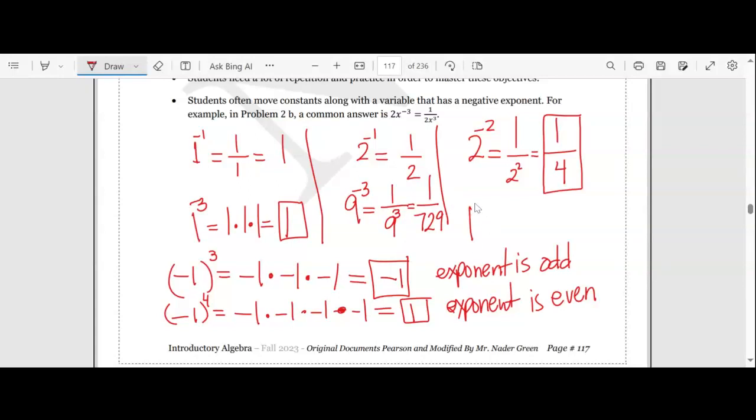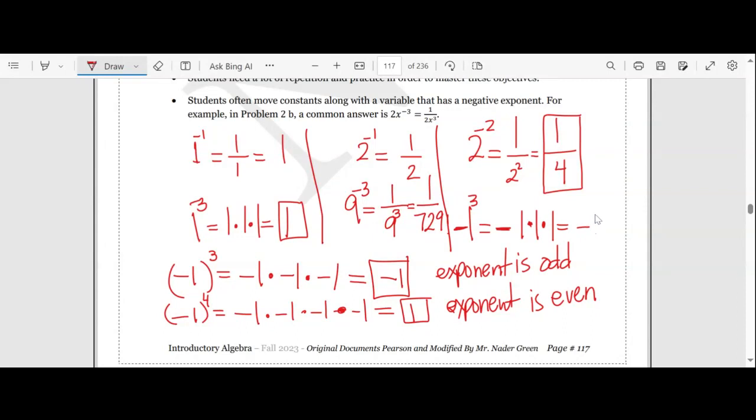One more. If I say -1 to the power of 3, how much will this be? It's going to be negative, correct? And then you have 1 times 1 times 1.